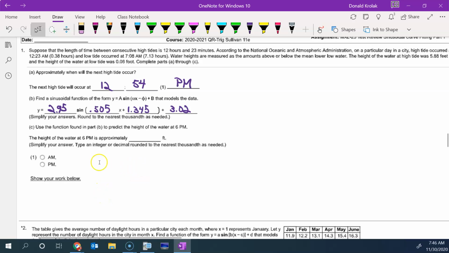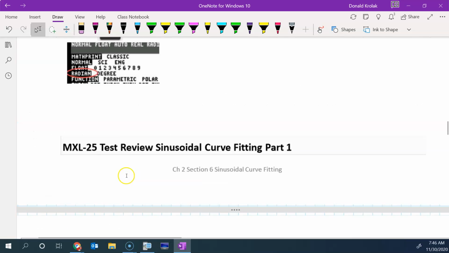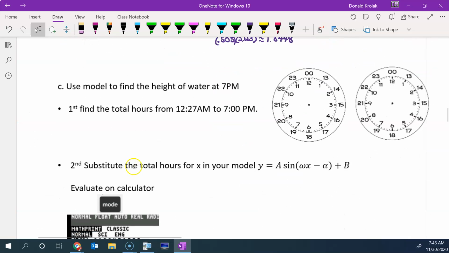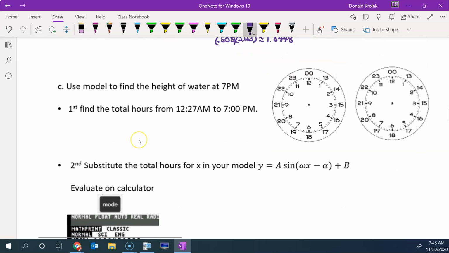Okay, now the last part, you're going to use this to make a prediction. The question is, what's the height of the water at 6 p.m.? Well, when I did it, I made it 7 p.m. So we'll just leave it as 7 p.m. So at 7 o'clock, we want to know how high the water is.